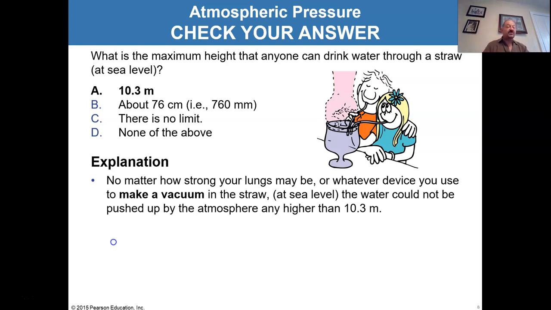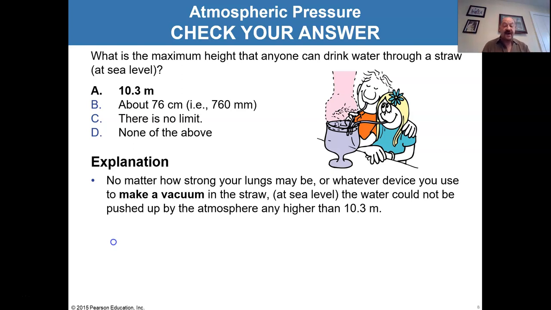If we were in a place where the atmospheric pressure was higher, there'd be more weight pushing down and it could push the water up a little bit higher. If you were on another planet that had a super dense atmosphere, you could get the water to go up even higher still. If you were on a planet that had no atmosphere, think about that, you wouldn't be able to suck liquid up a straw at all.